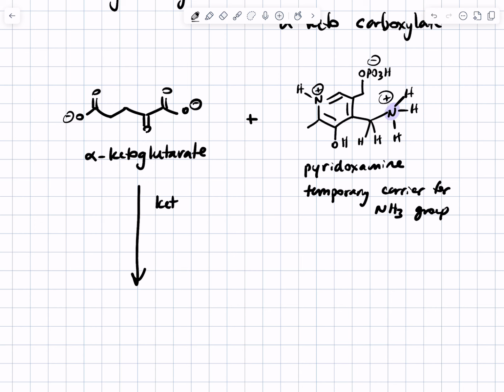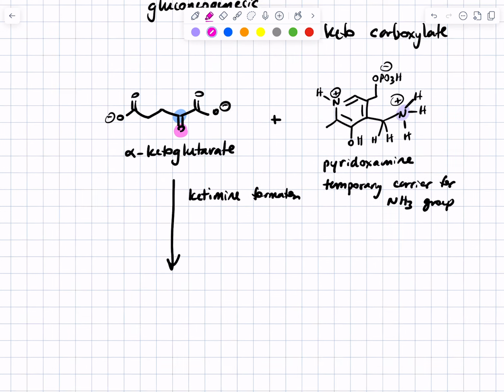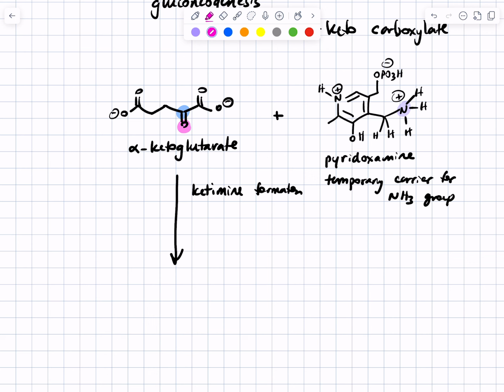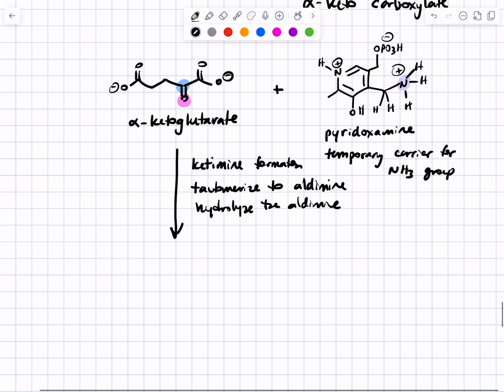So you're going to first make a ketimine between the carbonyl carbon on the ketone of alpha ketoglutarate and the nitrogen of pyridoxamine, which is your amino group. You're going to tautomerize to the aldimine, and then you're going to hydrolyze the aldimine. And in the end, what you'll get is alpha ketoglutarate, except in the place of the carbonyl, you're going to have the amino group.